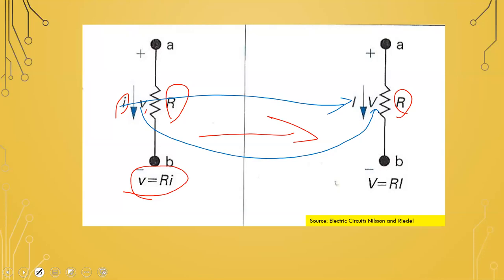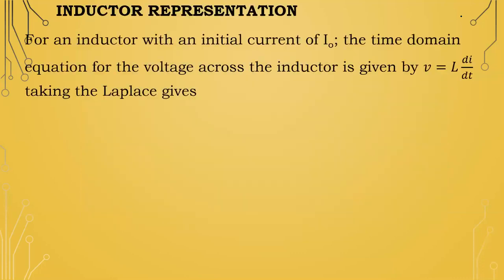All right, now, if we consider an inductor which has an initial current of I0, and we know how the inductor operates, yes? The time domain equation for the voltage across the inductor is given by v, which is equal to L di/dt.